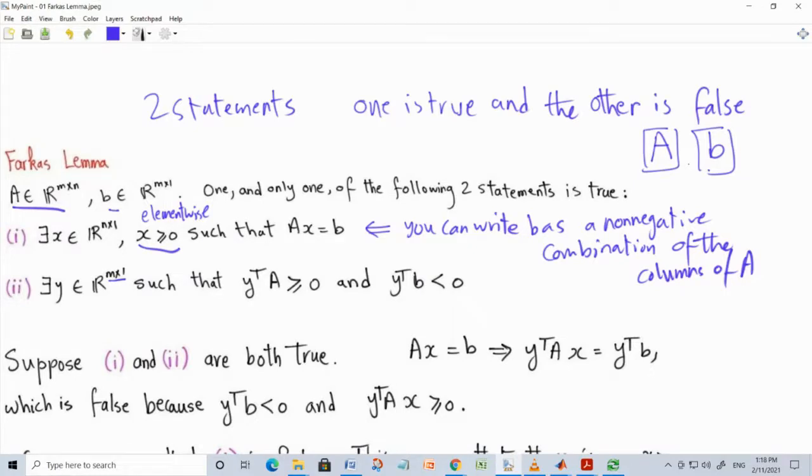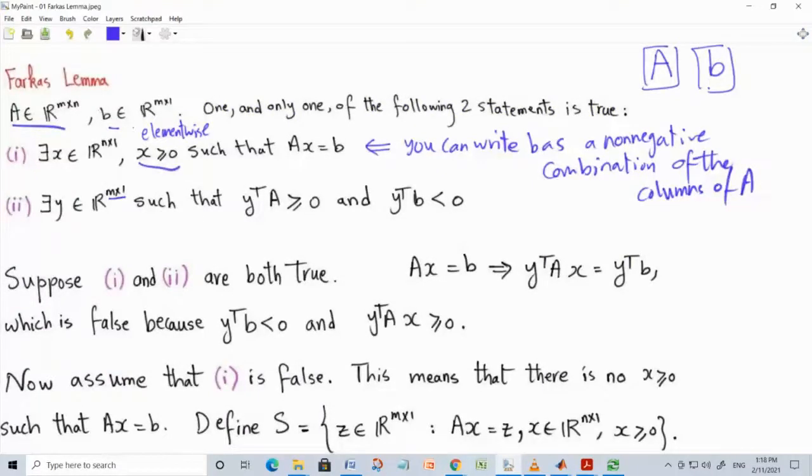First, let's refute the possibility that the two statements can be true at the same time. We will do it by way of contradiction. Suppose that these two statements are true.